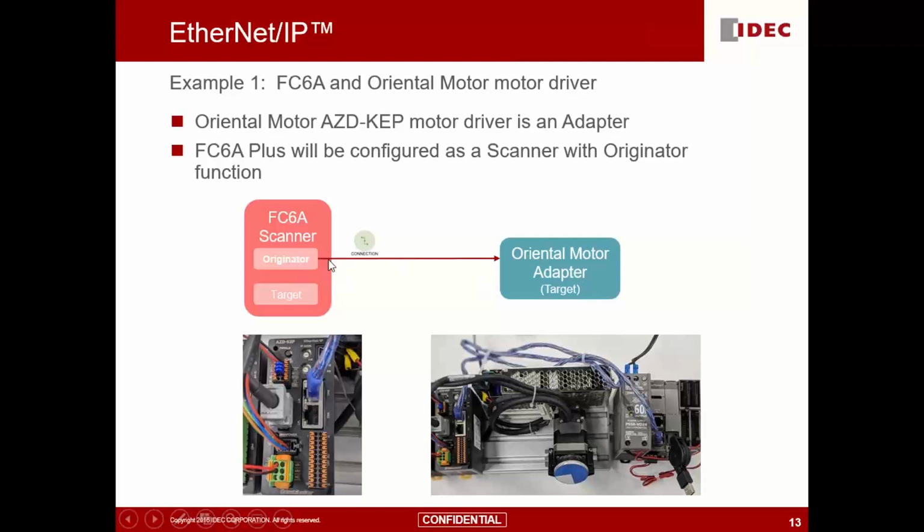After I show you all these presentations, I'm going to show you how to do that in WinLadder software. Once you have the connections, data can be exchanged between the FC6A Plus and the Oriental Motors.